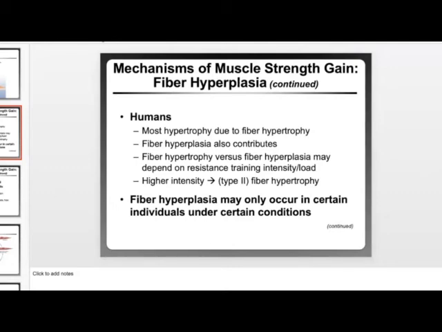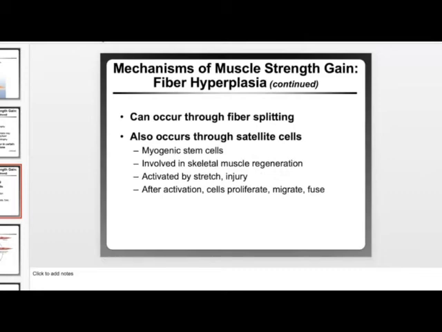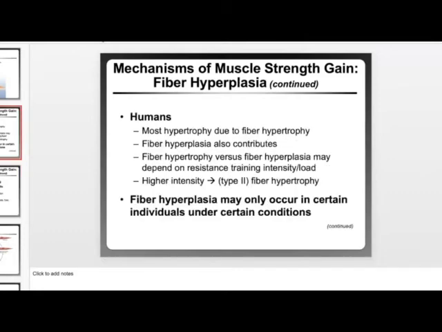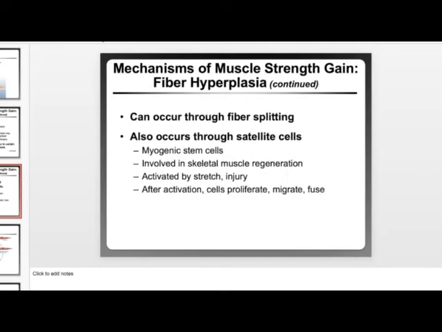And if we're talking about hyperplasia, it might be more appropriate to say that some type 2 muscle fiber types, remember type 2 is your fast twitch, and there's type 2A and type 2X muscle fiber types. Some of the type 2X and A muscle fiber types can interchange. But in regards to hyperplasia, it's very rare, and it's only under certain conditions. So for the most part, we're going to talk more about hypertrophy as opposed to hyperplasia.